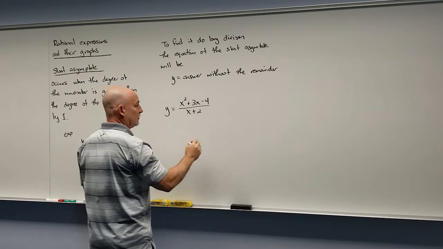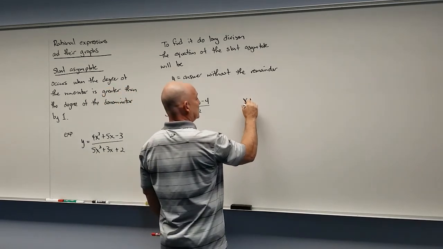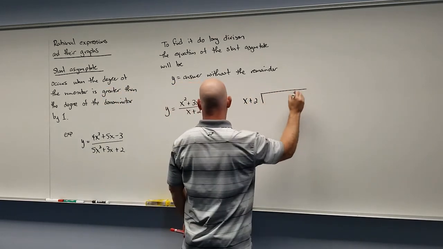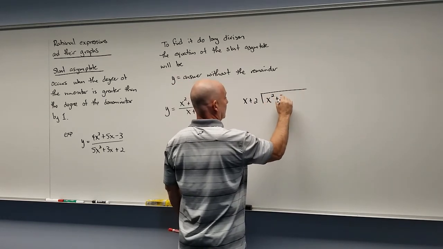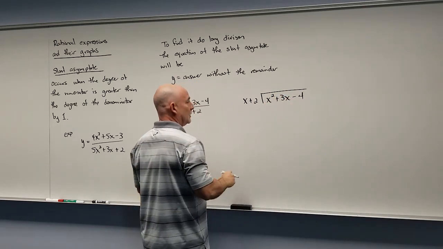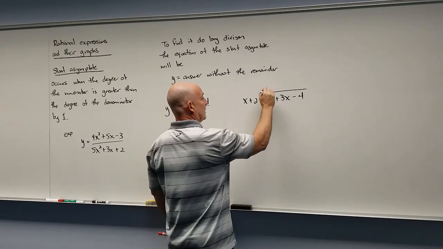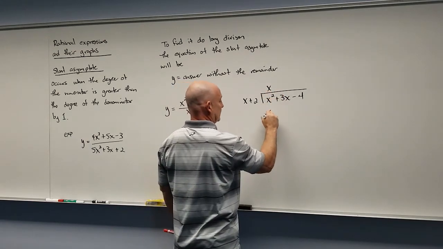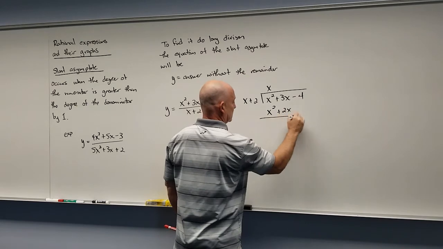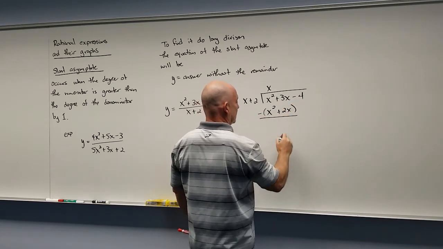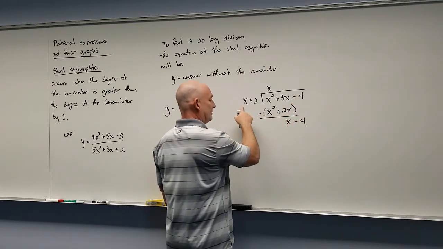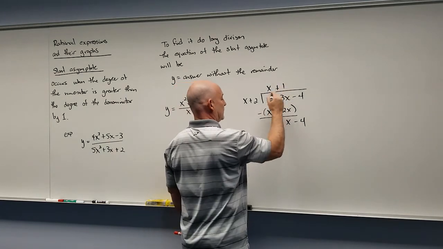So what we want to do, let's say I'll move it over here, we're going to do x plus 2 into x squared plus 3x minus 4. All right, what do we have to multiply x by to be x squared? That's x. Distribute, that's x squared plus 2x. Subtract, that gives me x. What do I have to multiply x by to be x? That's 1.